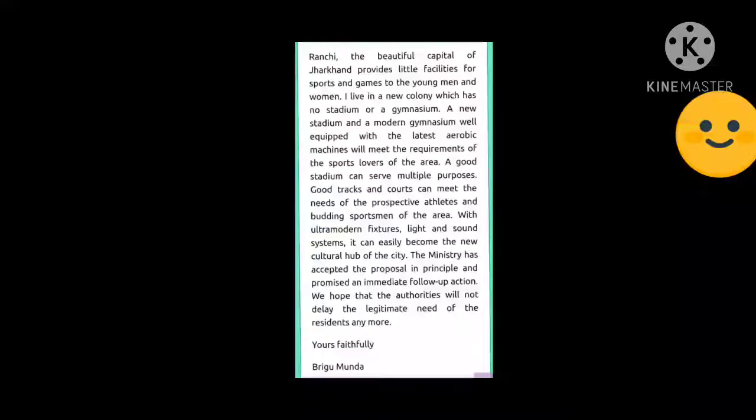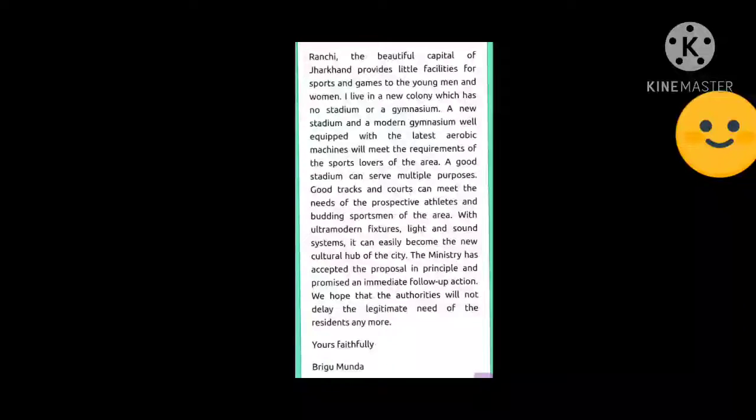A good stadium can serve multiple purposes. Good tracks and courts can meet the needs of the prospective athletes and budding sportsmen, means upcoming sportsmen of the area. With ultra modern fixtures, lights and sound systems, it can easily become the new cultural hub of the city.